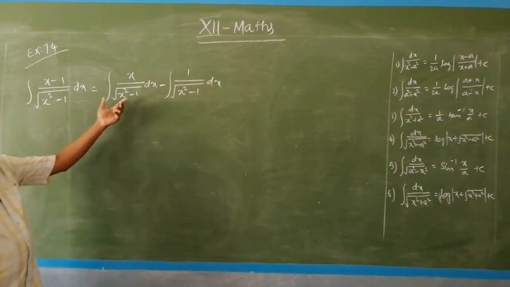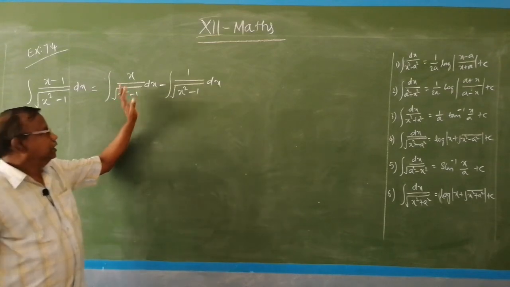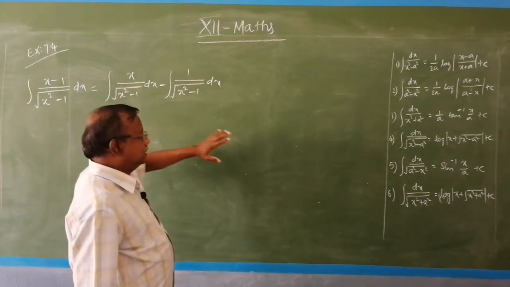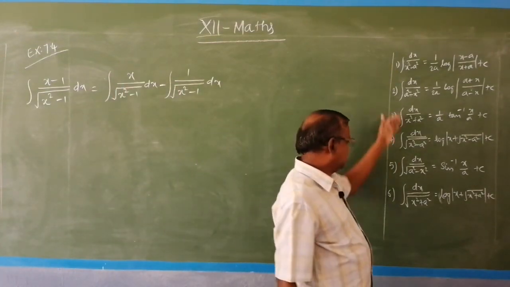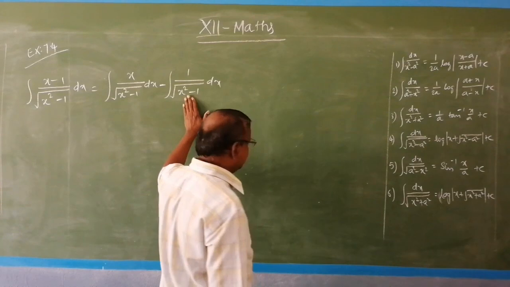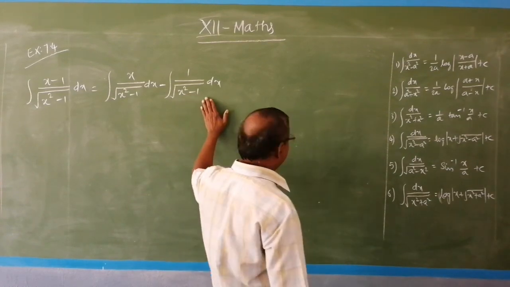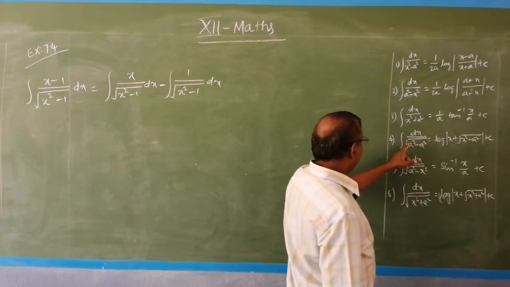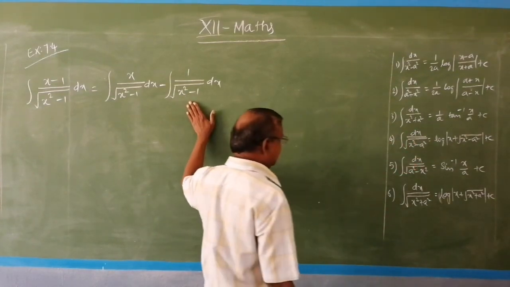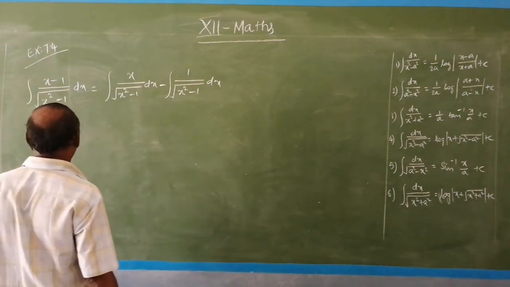For the first one we need to substitute because it is not in the standard form. The standard forms are of 6 types we have given. The second one is in the standard form, that is 1 by root of x square minus a square format, and the first one we need to substitute.